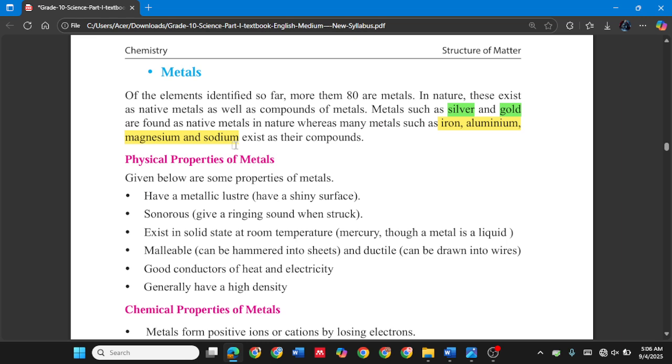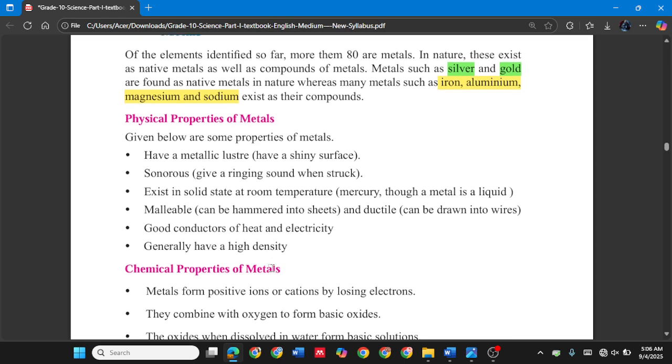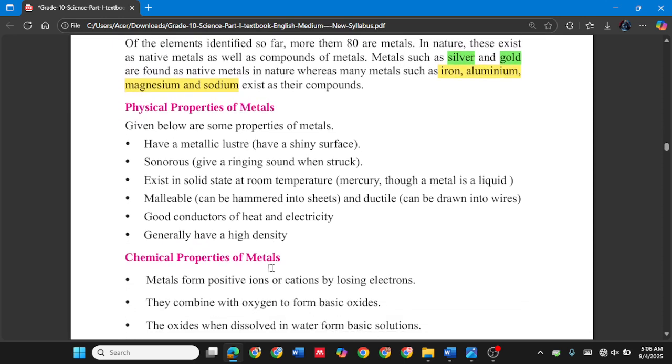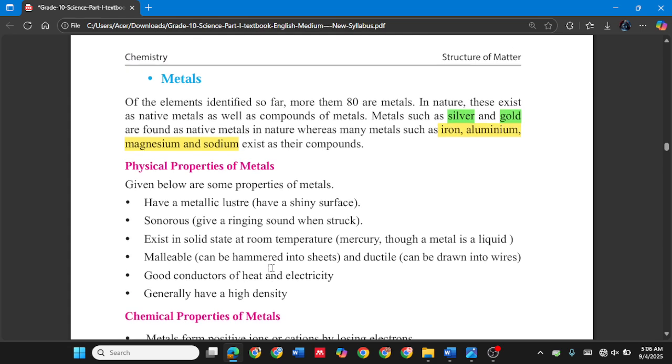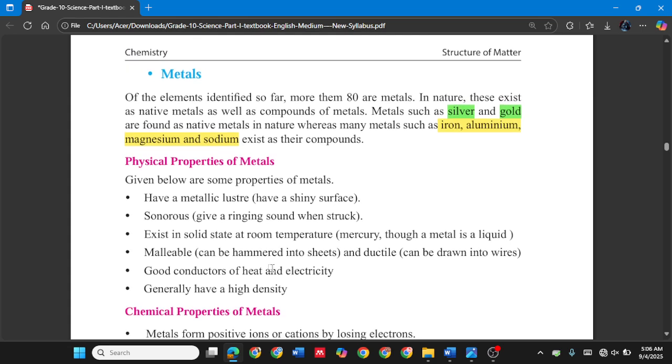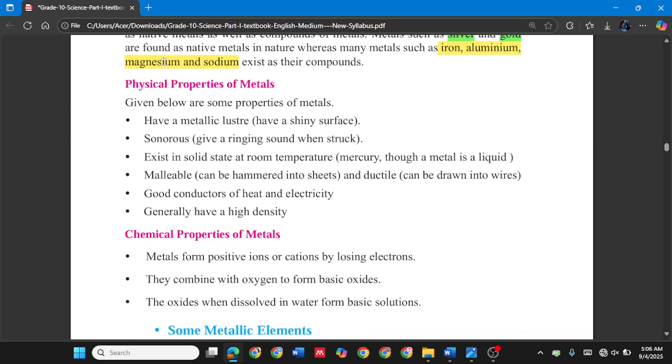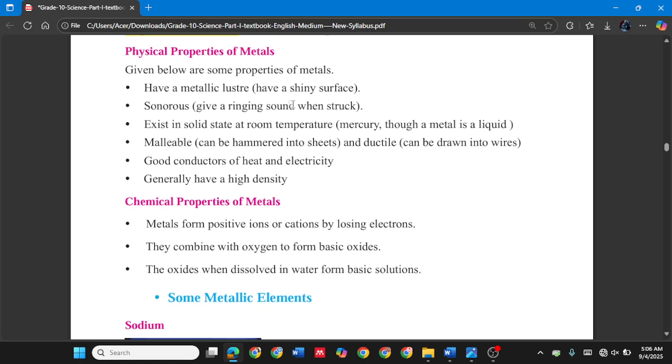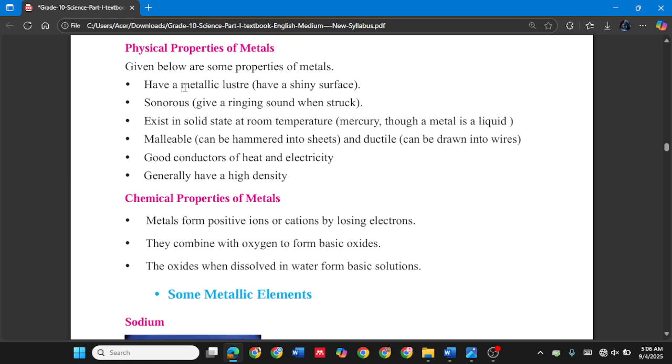And when it comes to physical properties of metals, here we are going to discuss the physical properties of common metals. Given below are some properties of metals. They have a metallic luster, and are sonorous.